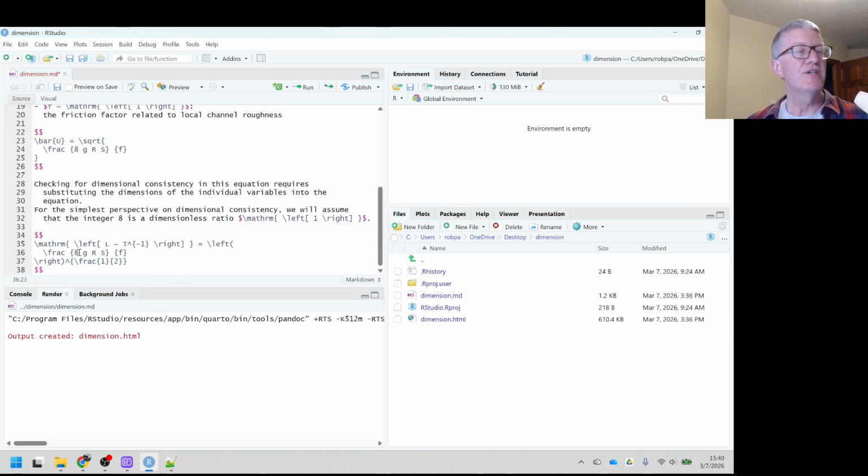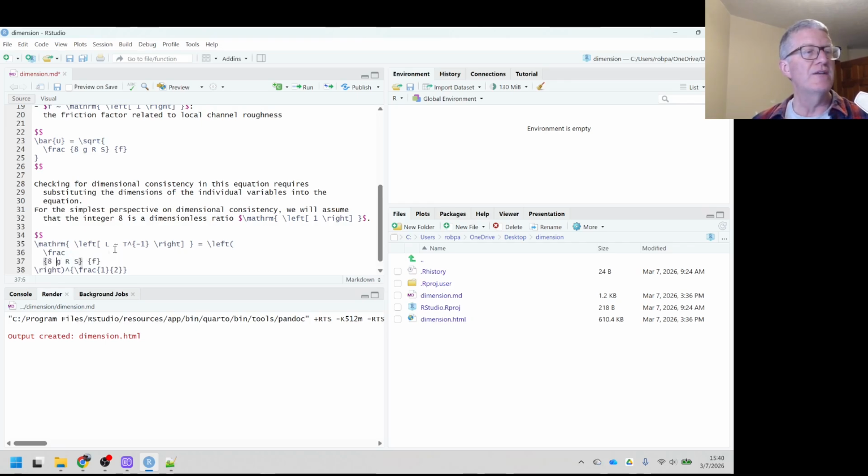Now, this fraction is going to get a little bit complicated because we have 4 different variables, all with their own dimensions in the numerator, but there's only 1 in the denominator. So again, I'm going to use the fact that white space doesn't matter or new lines don't matter and try to break this up in such a way that I can keep track of what's going on with this fraction.